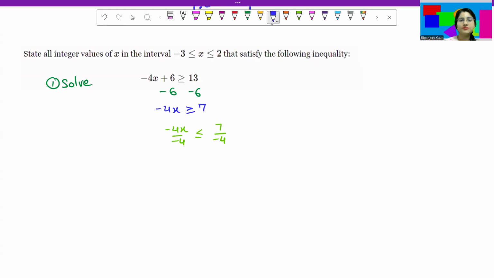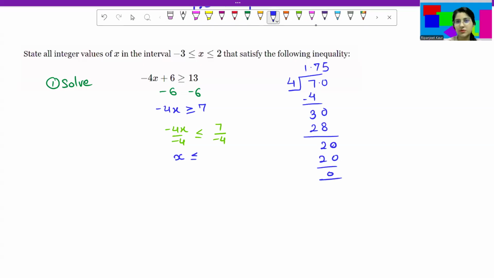What do we get? The inequality will flip, so then we would get x is less than or equal to, let me write it down. 1 times 4 is 4, 7 times 4 is 28, so it's 1.75.